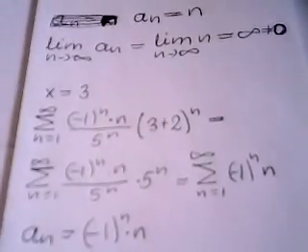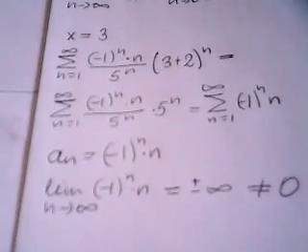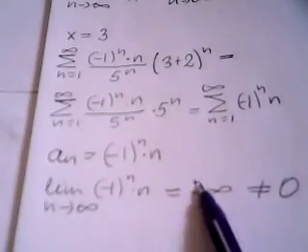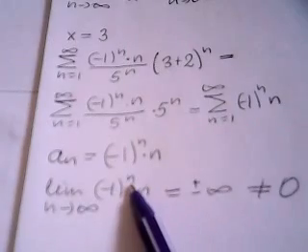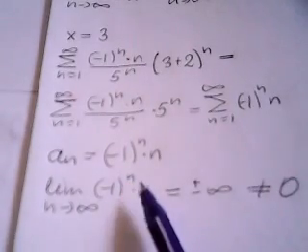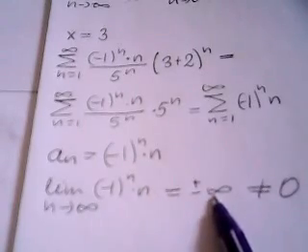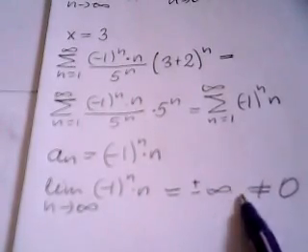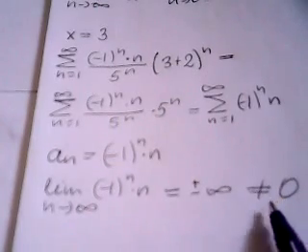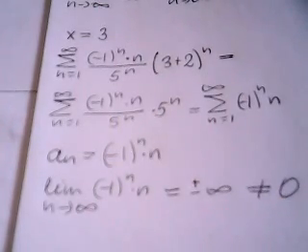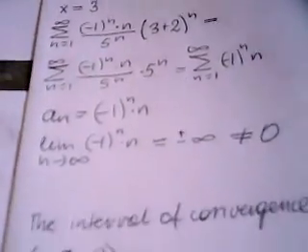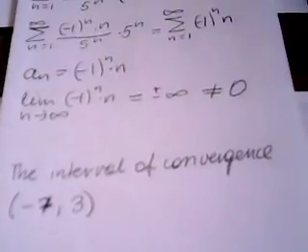And now I calculate the limit, and I obtain plus or minus infinity, because when n is even we have plus infinity, and when n is odd we have minus infinity, but it's different from 0. Our interval of convergence is (-7, 3). -7 and 3 are not elements of this interval.